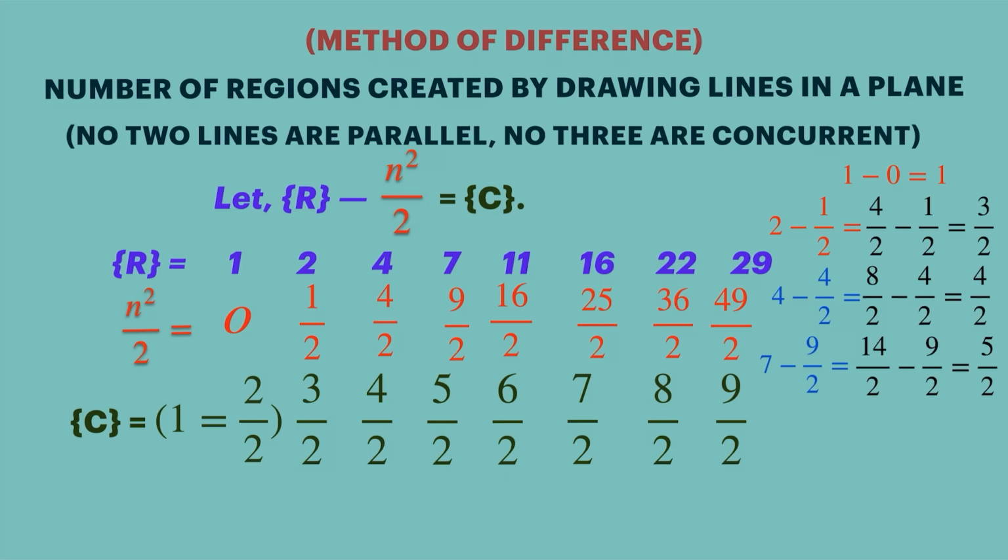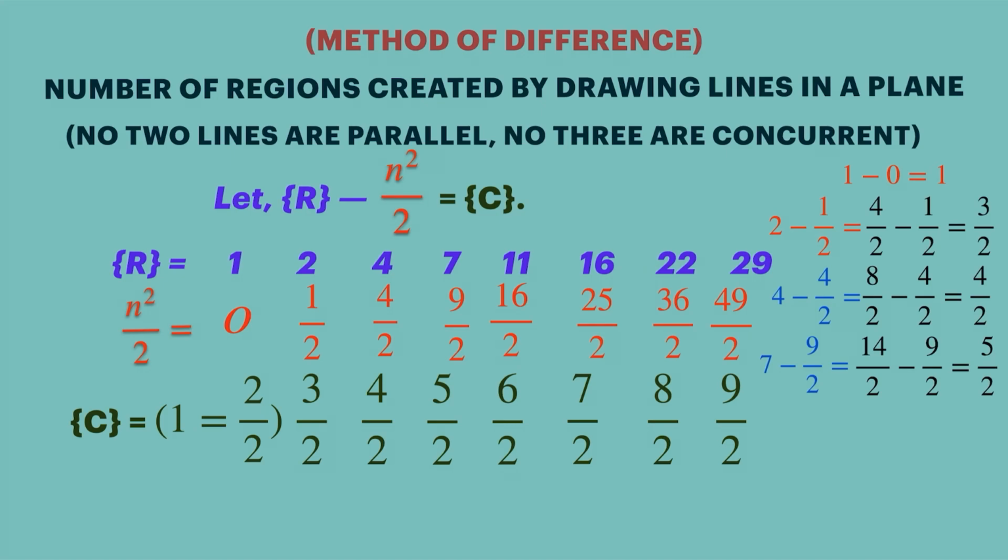That means these two elements are missing here. We see the sequence n square by 2 starts from 0, and the sequence R starts from L equal to 0, that means no line, that is n equal to 0. So everywhere the sequence starts from 0.